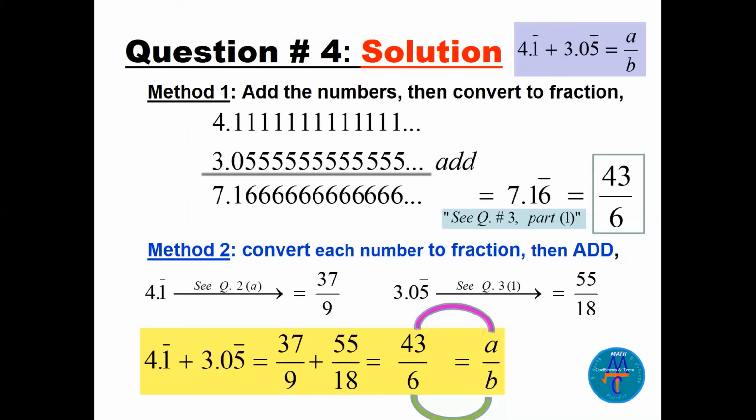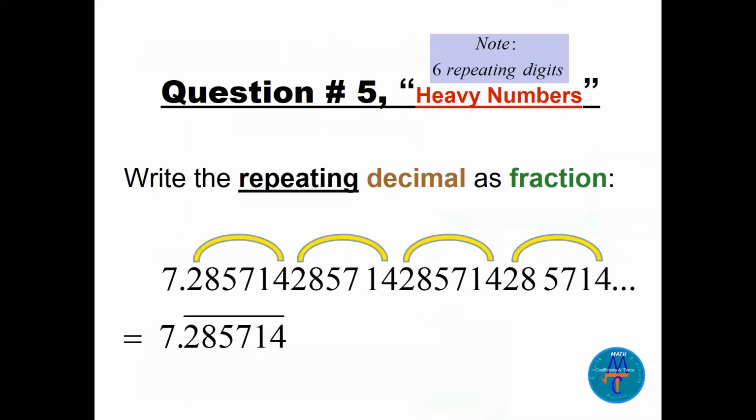Now the nice number, the last question here. Look at this heavy repeated decimal number: 7.285714, 285714, 285714, so on until infinity.